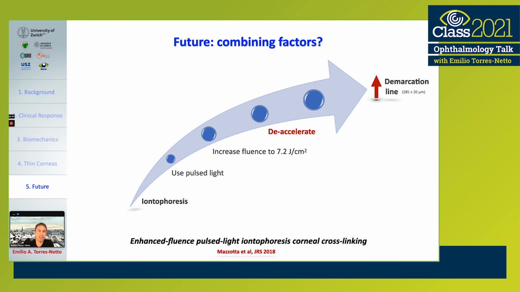So far we have used either change in the light, or in the fluence, or in the time. Now we understand better than ever how those parameters play separately. So combining those factors should allow us to have more effective treatments, even with transepithelial or epi-on cross-linking in the future.